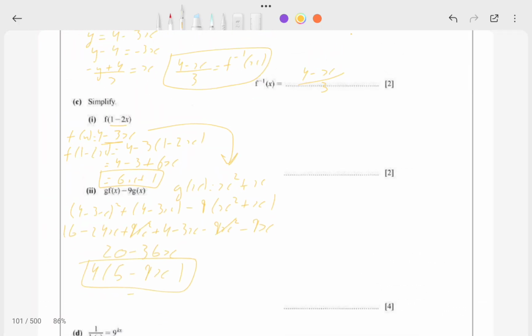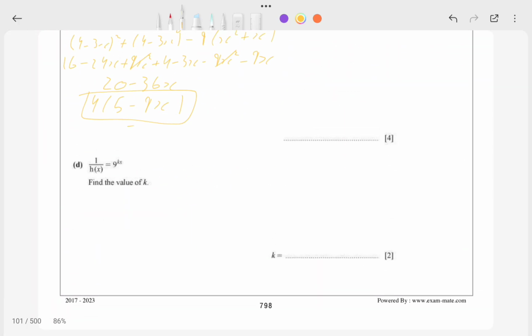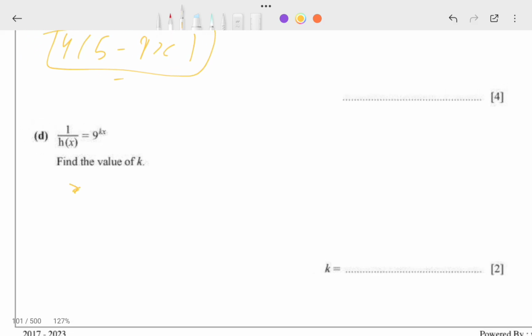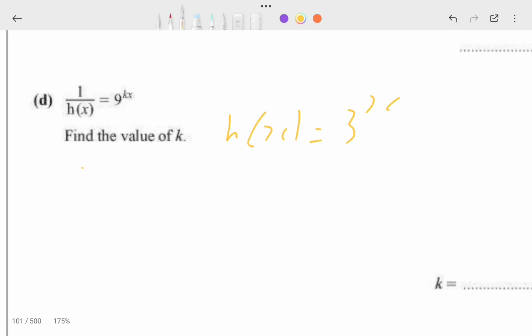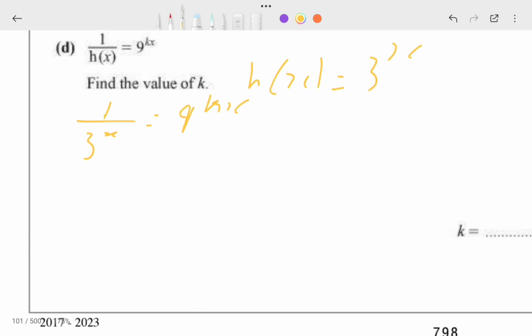Okay, so h(x) is equal to 3 to the power x. So 1 over 3 to the power x is 9 to the power kx. So we will take 3 to the power x to this side, so it will multiply with 9 to the power kx, and if we take 9 to the power kx to the left, it will be 1 upon 9 to the power kx is equal to 3 to the power x.